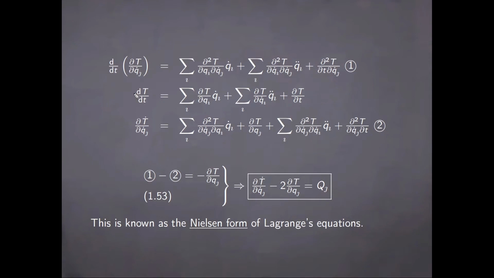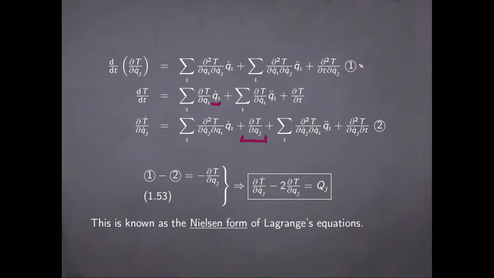But if we now take, first of all, the total derivative with respect to time of the kinetic energy, things follow simply as written out here. But now if we take the partial derivative with respect to a generalized velocity after this operation, because of the factor here, we end up with an extra term in the expression.